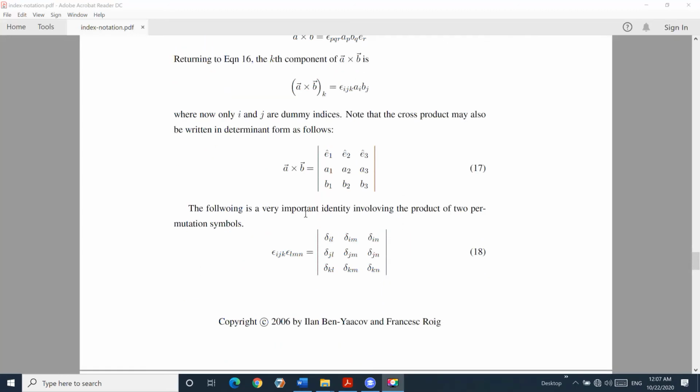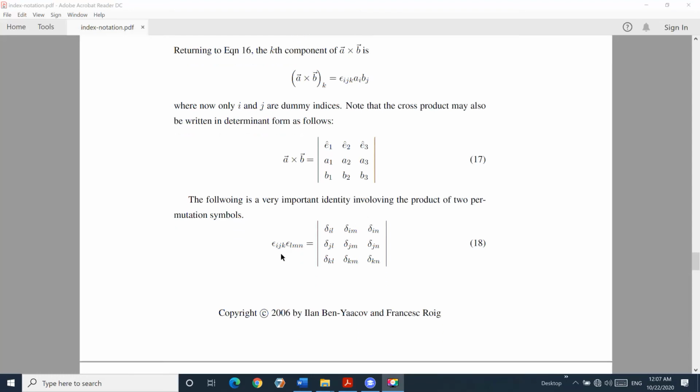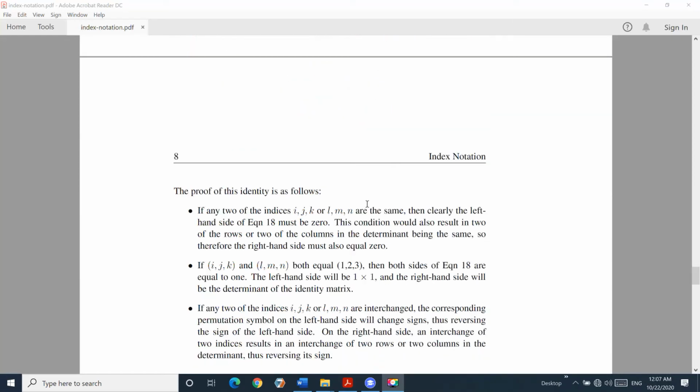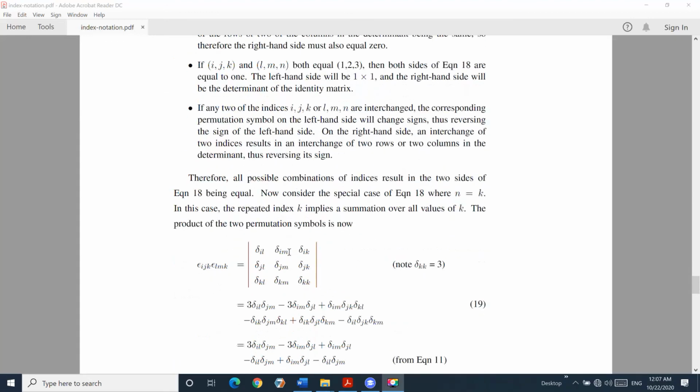So the following is a very important identity involving the product of two permutation symbols. If we take the product of the two permutation symbols with six different dummy indexes i, j, k, l, m, n, we get this form. From here, the proof of this identity follows. It's given here.